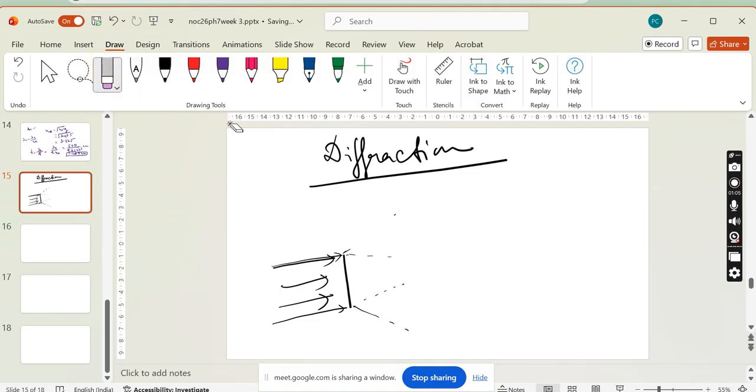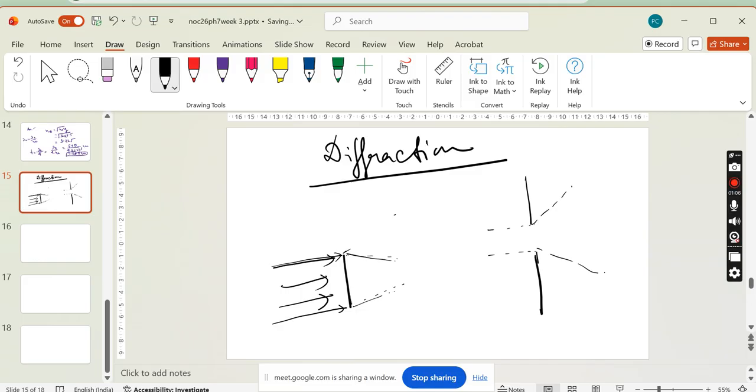This kind of bending happens when light is blocked for most of the path but one slit is there. When an obstacle is there, the light bends so that the shadow of the obstacle is not of its full size but less. That is because of diffraction.